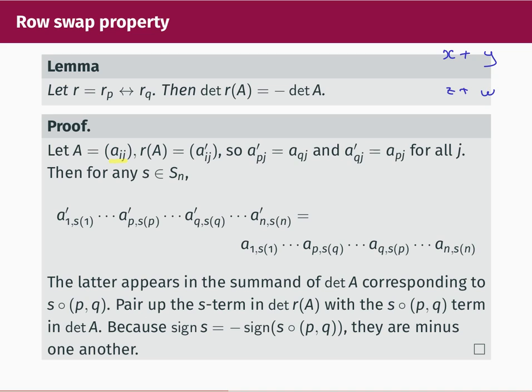So you would have A prime 1 S of 1, times A prime 2 S of 2, and at some point you see A prime P S of P, and you see A prime Q S of Q, and finally you end up with A prime N S of N. So this is part of the S term of the determinant of R of A, because it's missing the sign. That's what I've written down on the left-hand side of this equality.